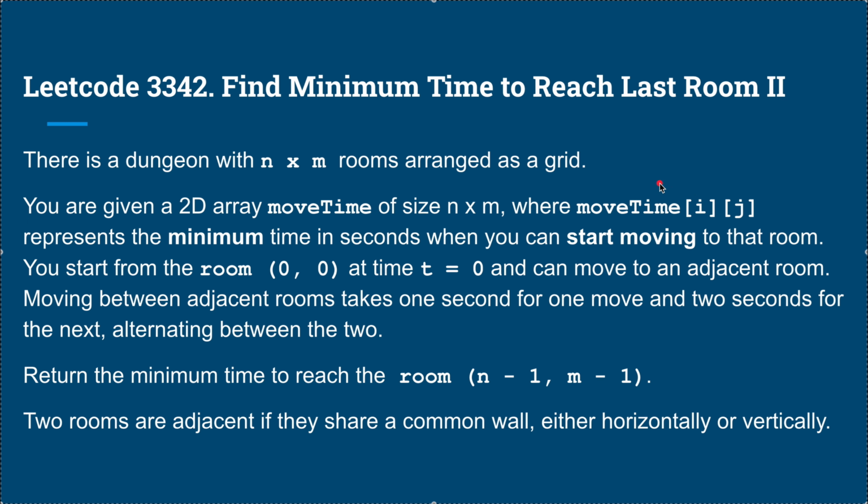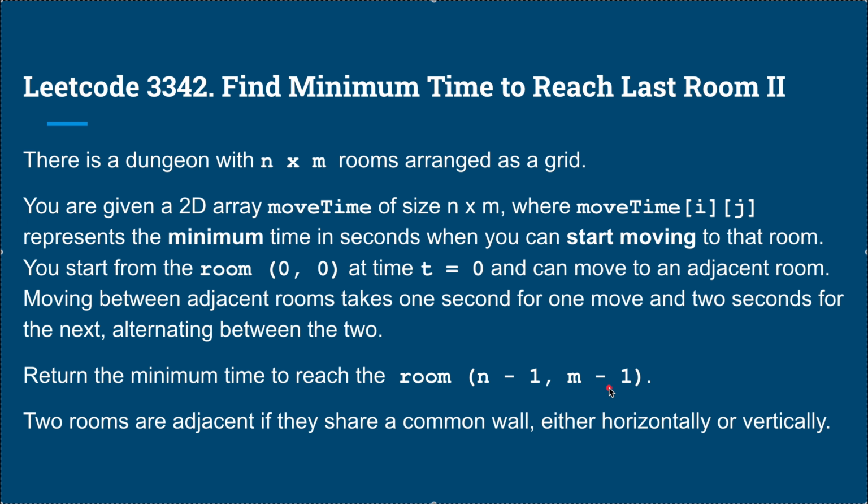So moving takes time: 1 second for the first move, then 2 seconds for the next, then 1 second again, and so on, alternately. You start at (0, 0) at time t equal to 0, and we have to find the minimum time to reach the room (n-1, m-1), from the top left corner to the bottom right corner.